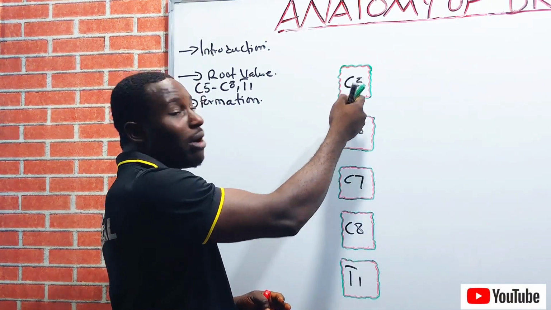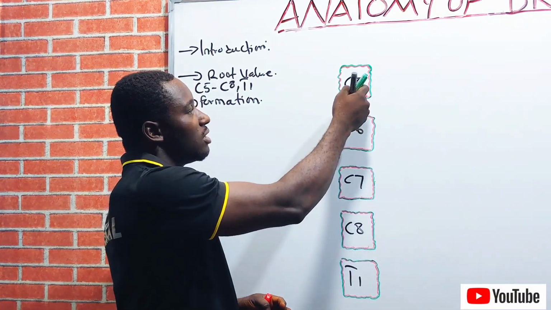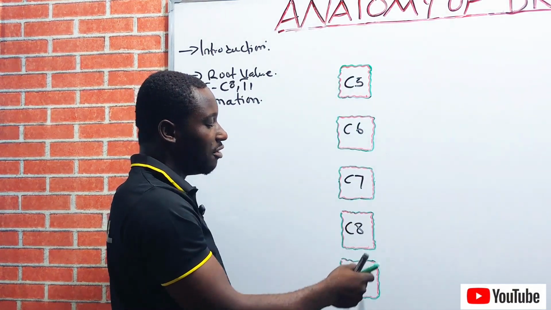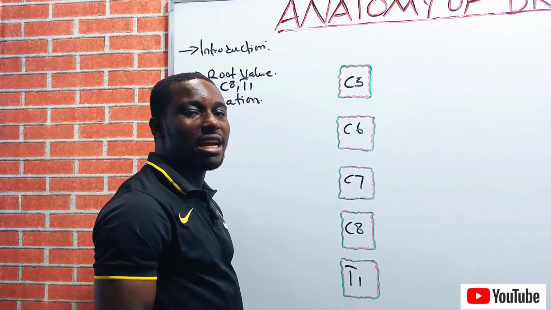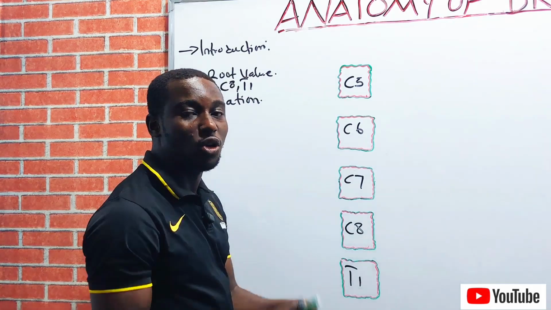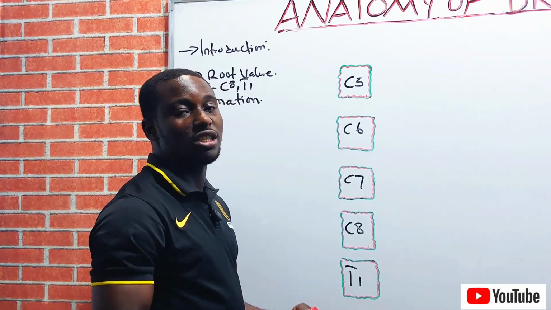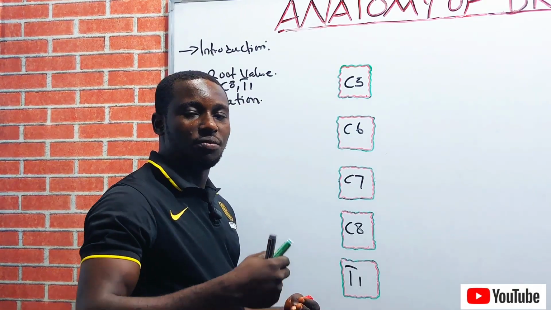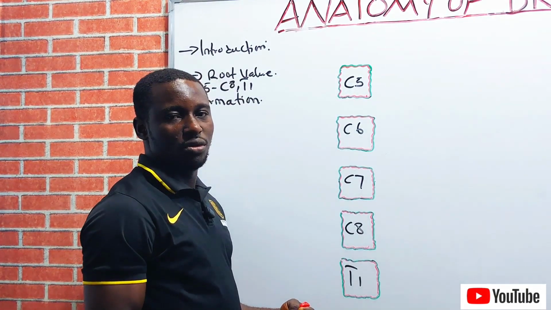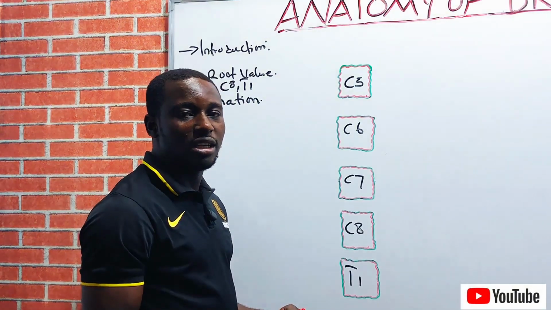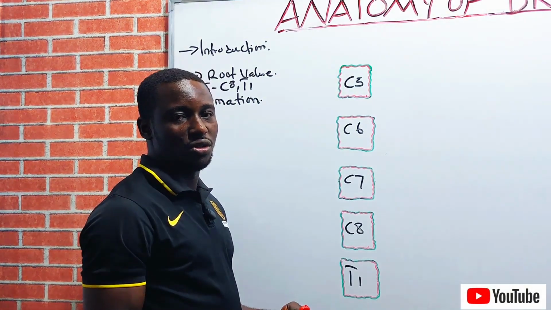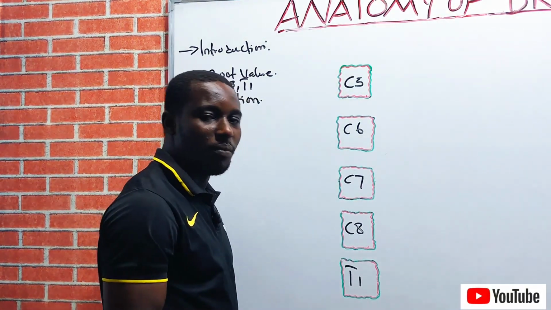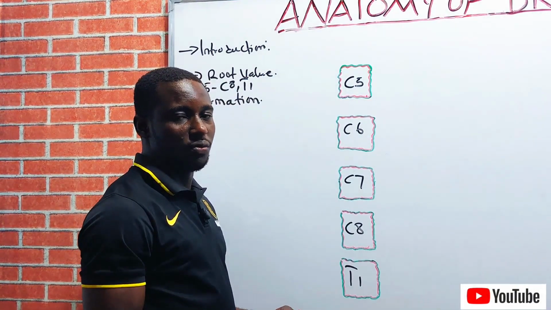So the lower 4 cervical spinal nerves from C5 to C8 and the first thoracic spinal nerve. And it has an associated contribution, which is the C4 and the T2. That is the associated contribution of the brachial plexus from C4 and T2.